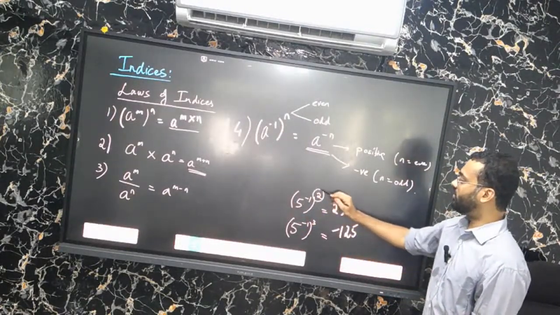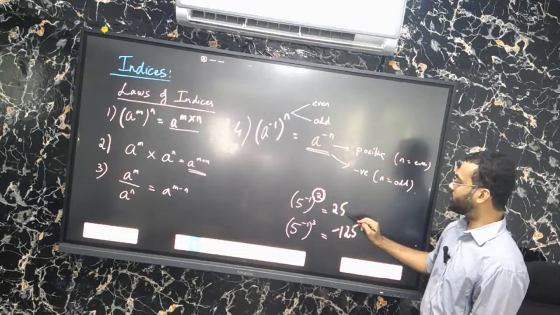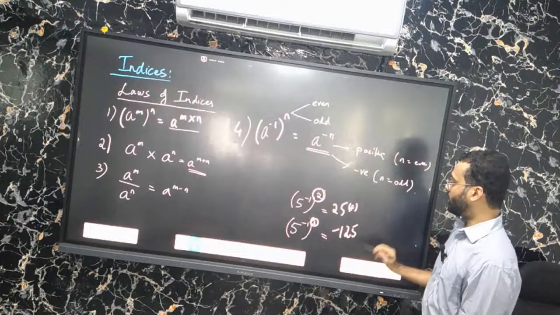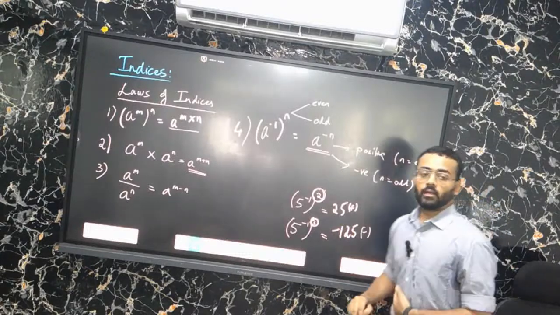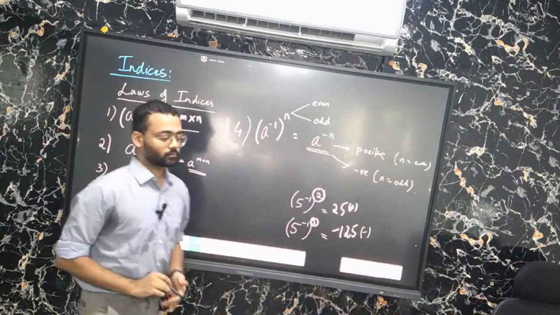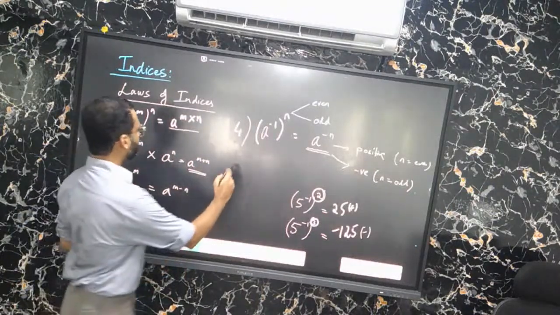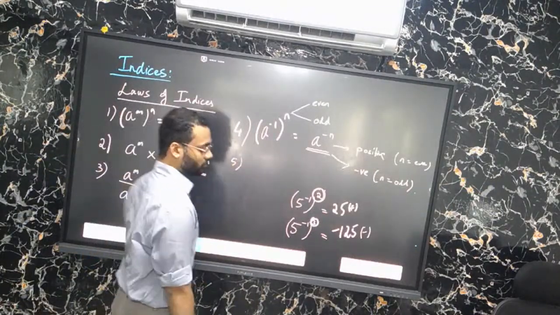So if the power over here is an even number, this will always be positive. If the power is odd, it will always be negative. Clear? So you can take this as a law of indices. What else do you have?